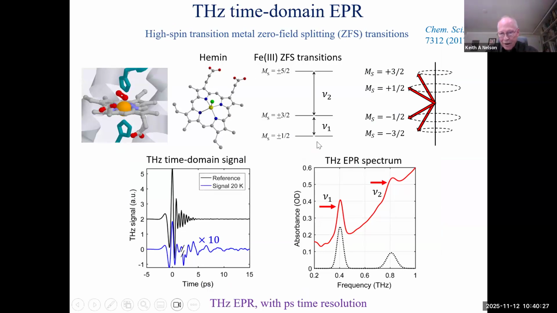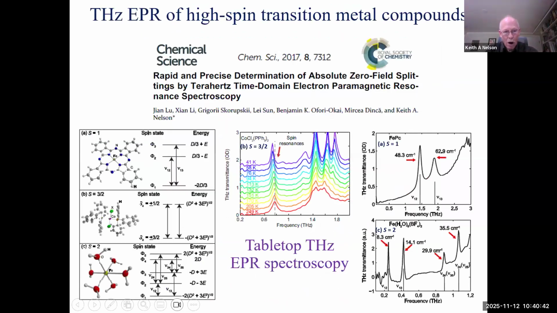You can see these free induction decays are given. If we Fourier transform them, we just get the terahertz EPR spectrum, the couple of peaks that are characteristic of this. And what we did is just walk through a number of different high spin complexes.